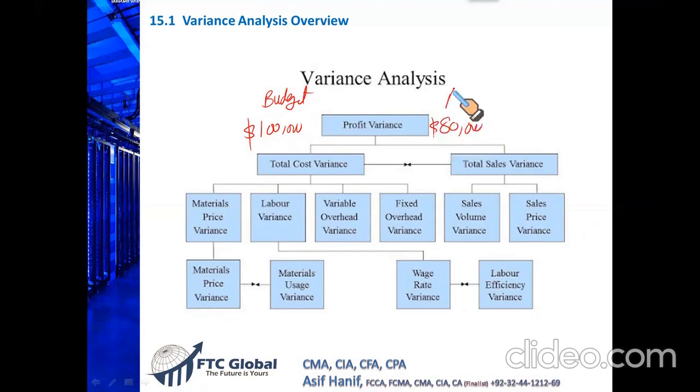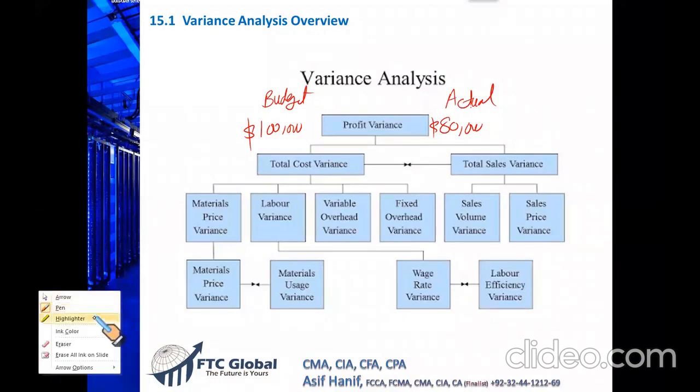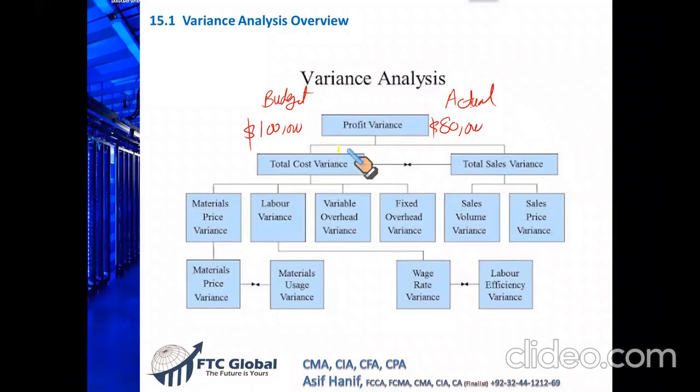See, actual profit. Budgeted profit was 100,000, but the actual profit was just 80,000. Now we need to know what went wrong. We need to find some reason. When we start investigating, we will come to know that either it is because of the cost, or maybe it is because of the sale.